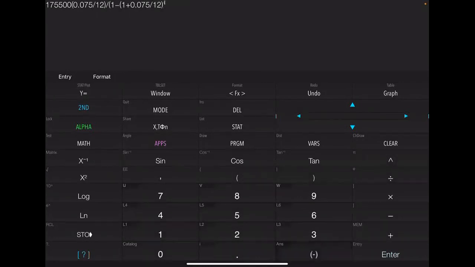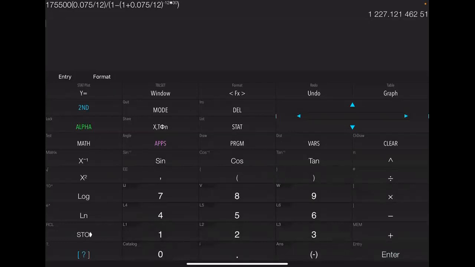To negative 12 times 30. And then don't forget to click the right arrow and close the parentheses and hit enter.